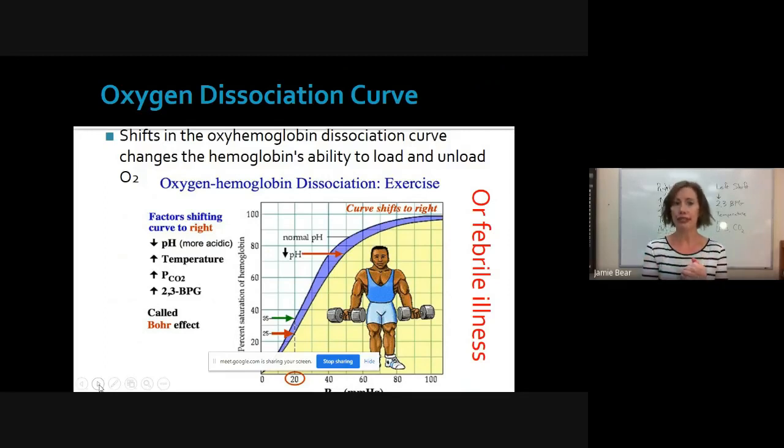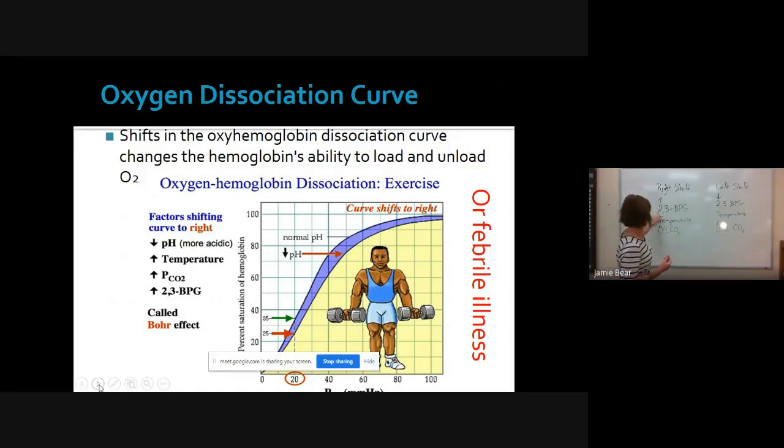Different conditions will shift our curve to the right, meaning oxygen will more easily go to our tissues. One would be if your blood is more acidic, so we have a higher hydrogen ion concentration, and that comes from carbon dioxide. More carbon dioxide will cause a right shift, where our tissues say, I need more oxygen.